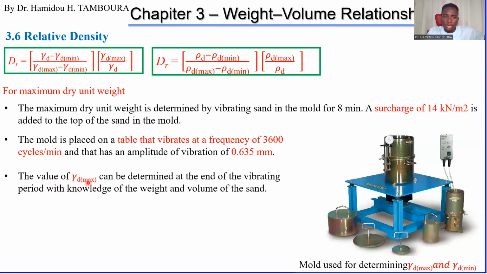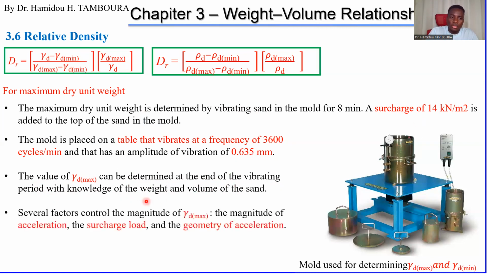And the value of the maximum dry unit weight can then be determined at the end of the vibrating period. So after vibrating, you can determine the maximum unit weight, because you will know the weight of your soil and the volume of the sand in the mold. There are several factors that can affect the magnitude of the maximum dry unit weight.